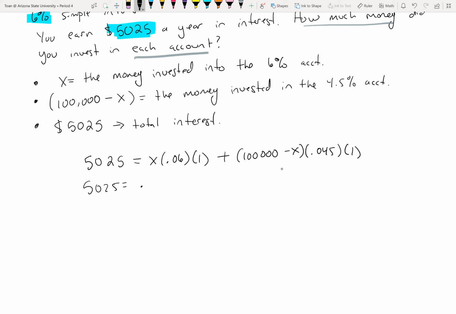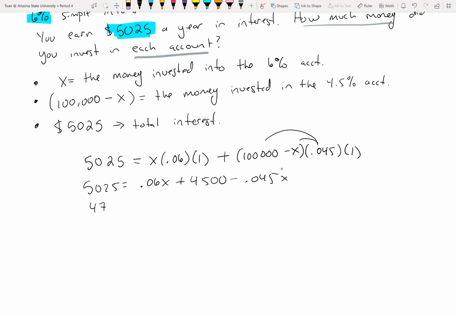So X times 0.06 is 0.06X plus we're going to distribute the 0.045. So 0.045 times 100,000 is 4,500, I think, minus 0.045X. Let's subtract 4,500 to the other side. So what's that? Is that 475?